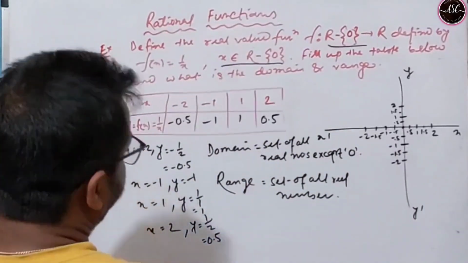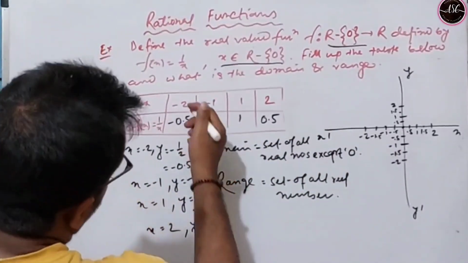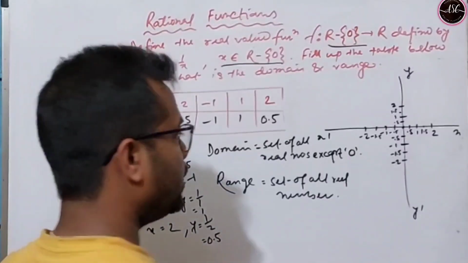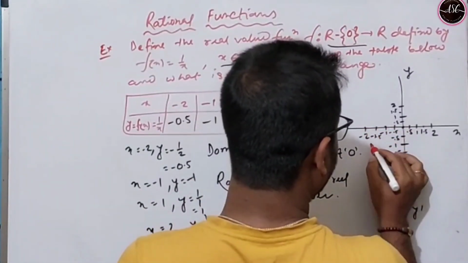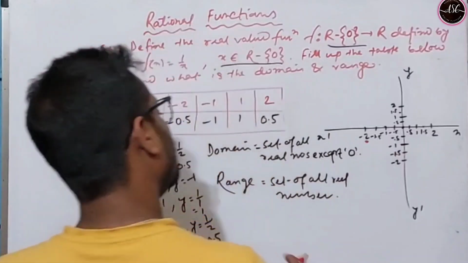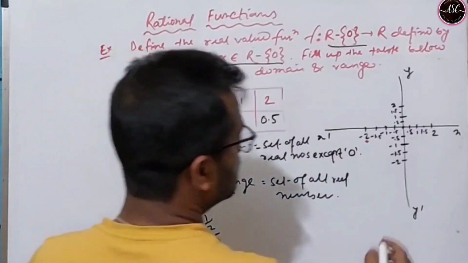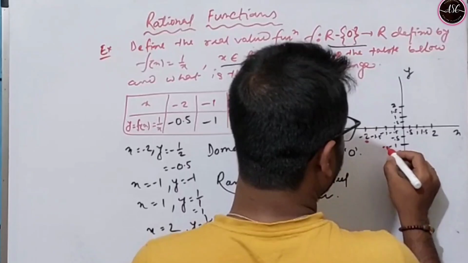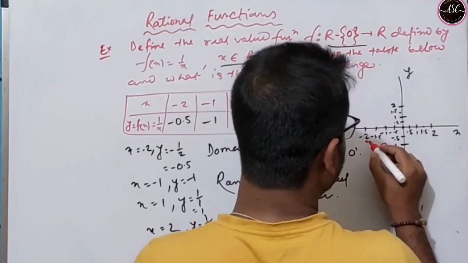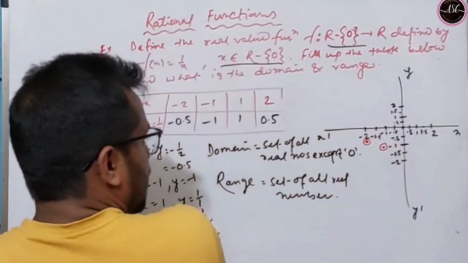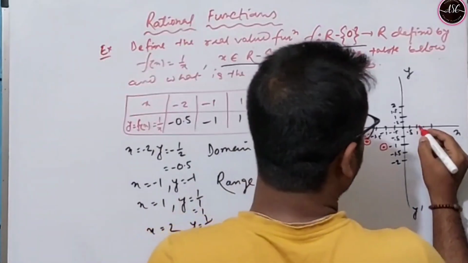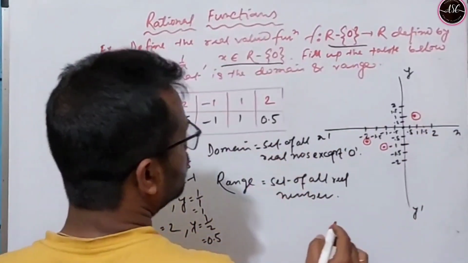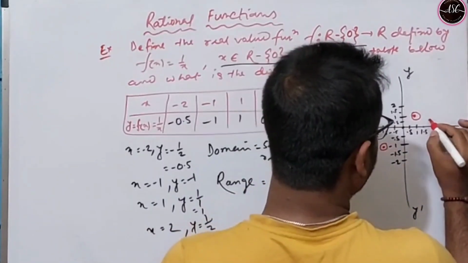Now putting the values of x, y: minus 2 and minus 0.5 will be this point, then minus 1 and minus 1. Now 1 and 1, this point. Then 2 and 0.5.